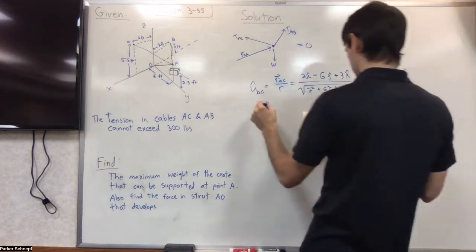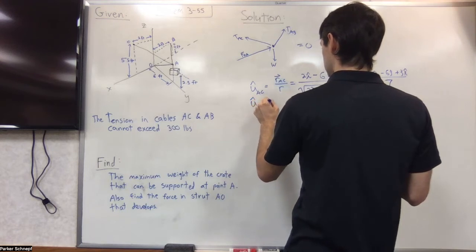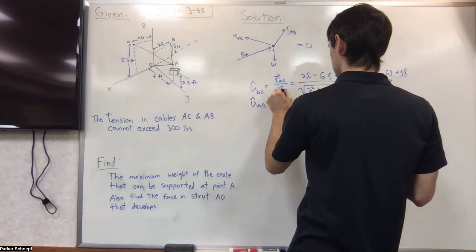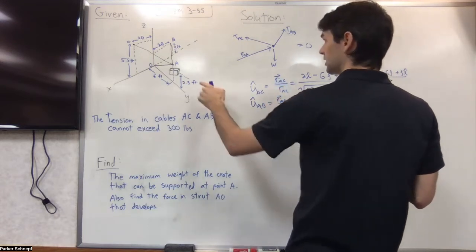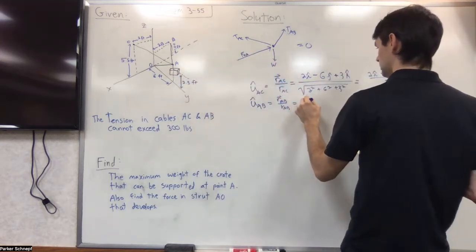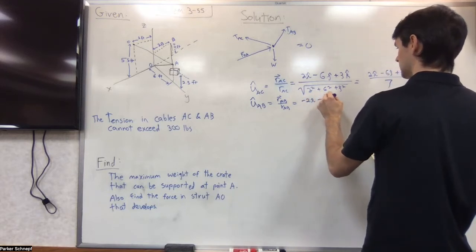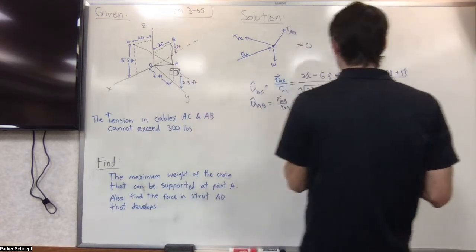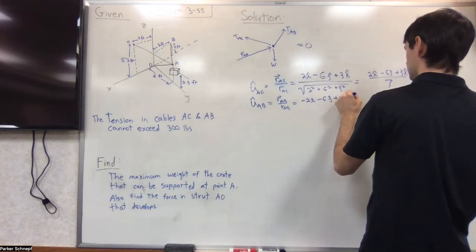Okay, let's keep going. For UAB, I'm trying to tell somebody how to get from point A to point B. Similarly, they're going to go -2 in the x direction, -6 in the j direction, and in z we started at 2.5 and go up to 4, a difference of 1.5.